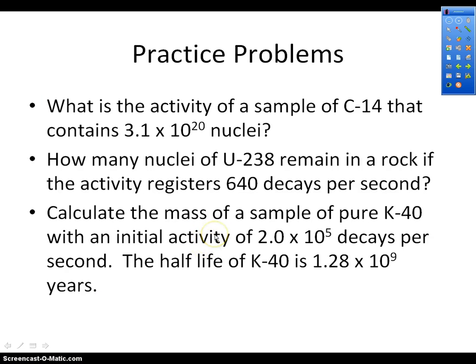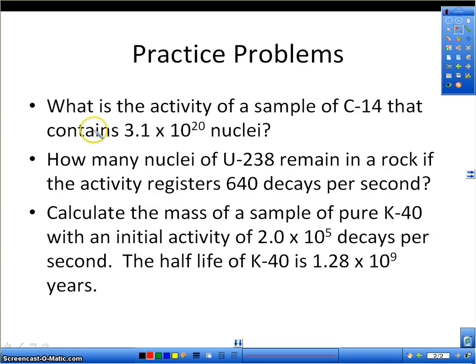Okay, so we'll do a couple of examples. What's the activity of a sample of carbon-14 that contains 3.1 times 10 to the 20 nuclei? So for this one, the number of nuclei present at the time that we're asking about is 3.1 times 10 to the 20th nuclei. And the lambda for carbon-14 is 0.693 divided by its half-life.